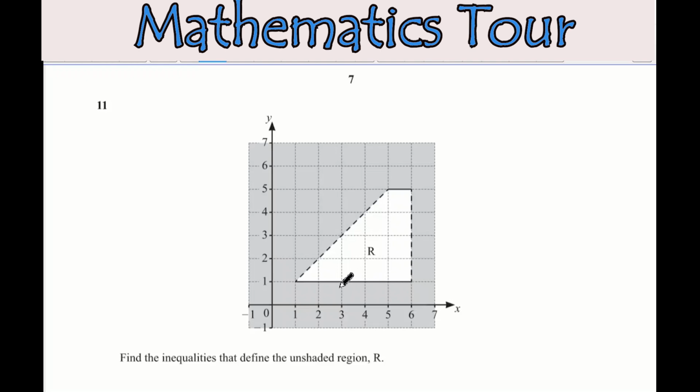This is a thick line, so that is an equal to, and that is y greater than or equal to 1. That's for this thick line here. How do you know that it's greater than? You see from here y equals 1, so if you go up, y increases. That is why it is greater than, and it is equal to because you have a thick line here. So this is 1.